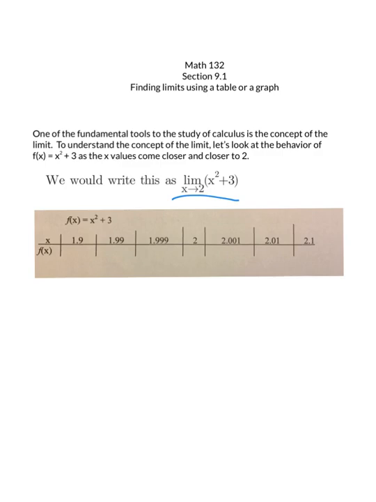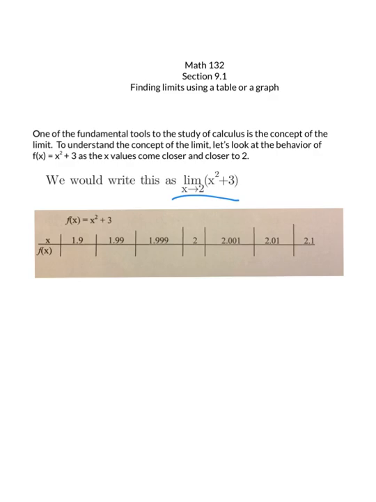On the right side of 2, you would come from 3 down to 2.5, down to 2.3, down to 2.1. Then you'd get into the smaller decimals of 2.01, 2.001. And again, notice that the smallest number of 2.001 is what gets written right next to the 2.